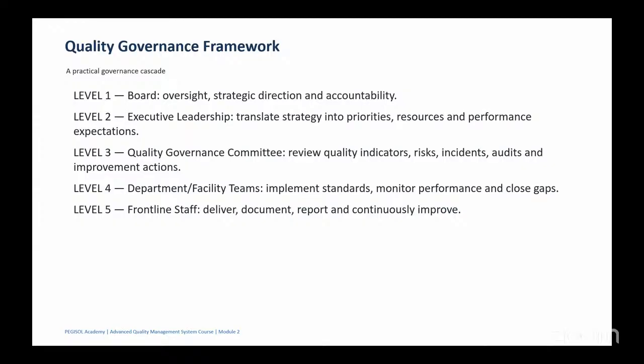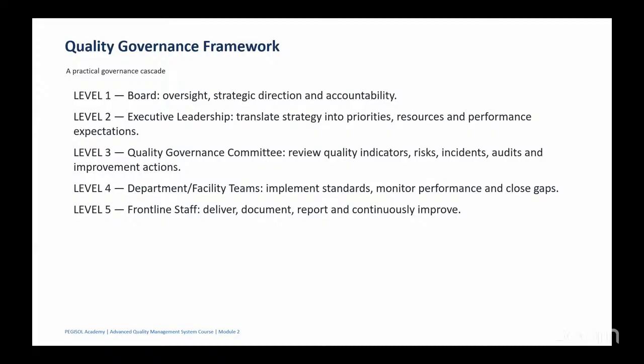So now the quality governance framework, a practical cascade. Level one is the board, which has the oversight, strategic direction, and accountability. Level 2 is the executive leadership that translates strategy into priorities, resources, and performance expectations. Then level 3 talks about the quality governance committee. You should have a quality governance committee that is responsible to review quality indicators, risk, incident, audit, and improvement with action.